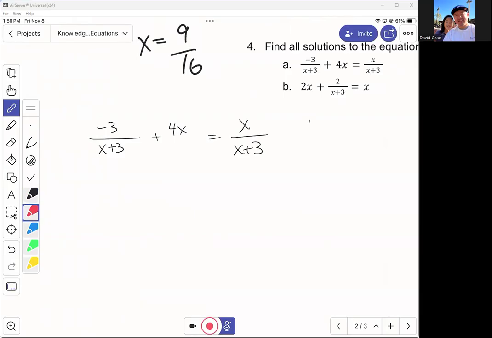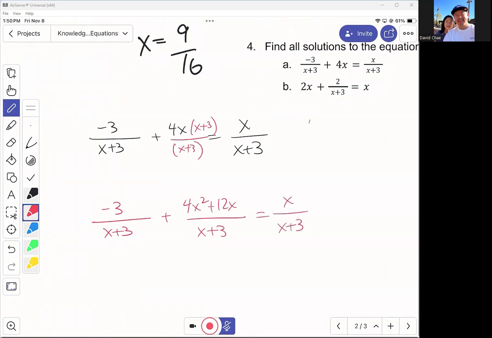Common denominator. So all I have to do is multiply this by x plus 3. So it becomes -3 over x plus 3 plus 4x squared plus 12x over x plus 3 is equal to x over x plus 3.